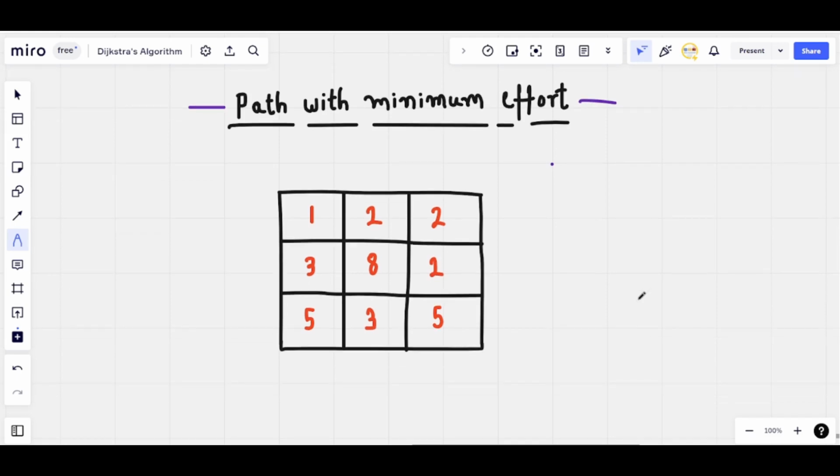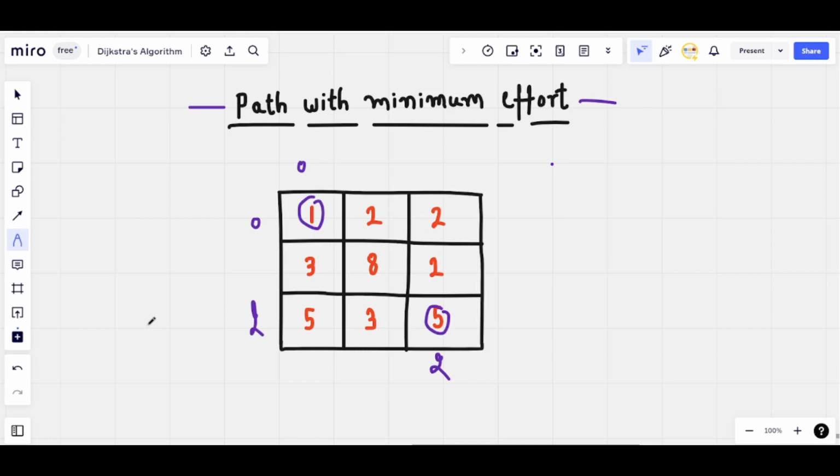Dijkstra algorithm is used to find the shortest path from one cell of the matrix to the other cell of the matrix. Here the source cell is this cell, that is cell 0 0, and the destination cell is this one, that is 2 2. Now I want to find the shortest path here. So what is the parameter?